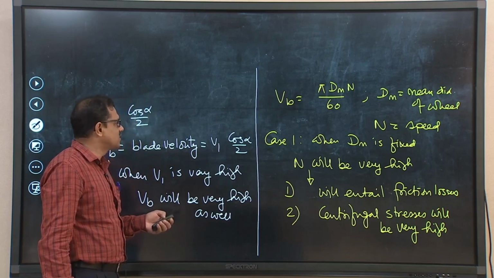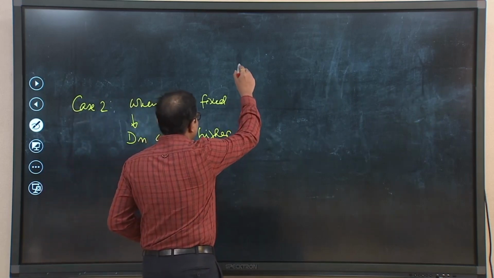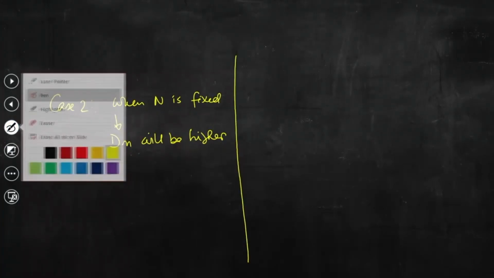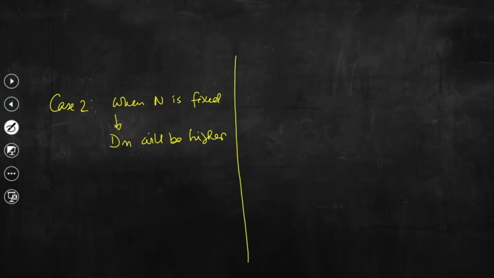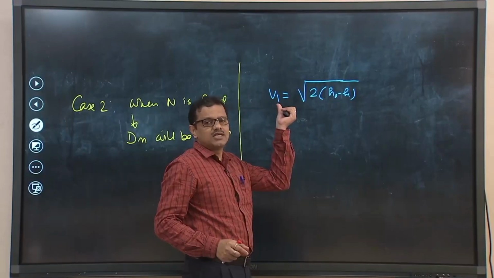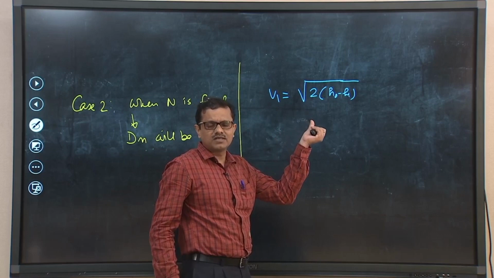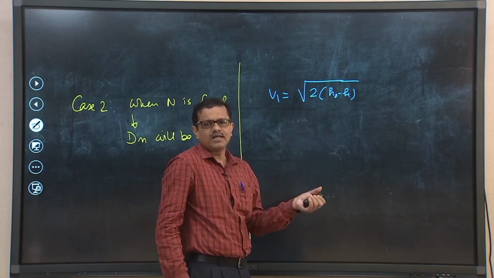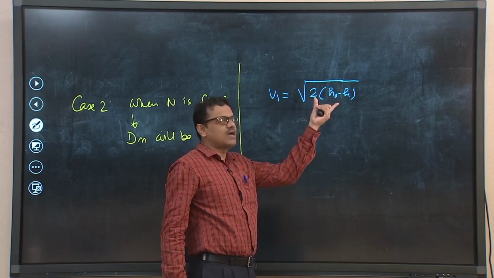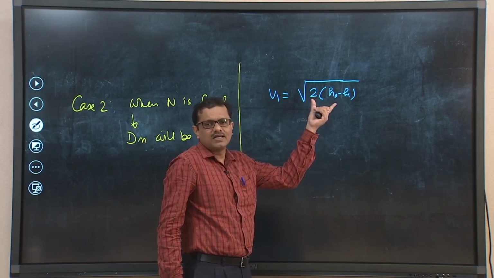So, basically we have understood two things. First of all, V1 equal to under root 2 into H naught minus H1, where H naught minus H1 is the total enthalpy drop. So, that means we can reduce V1. If we can reduce V1, then the problematic issues that we have discussed now will not be there, but to reduce V1 we have to have very little enthalpy drop, which again is not desirable.